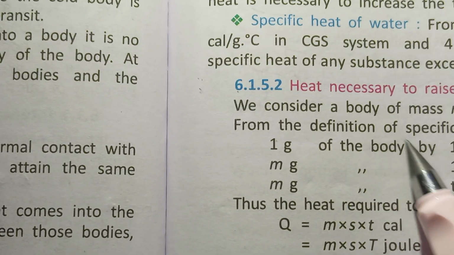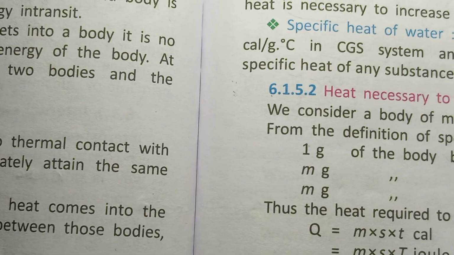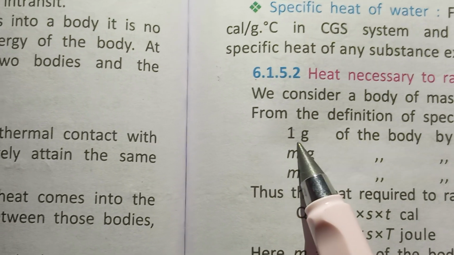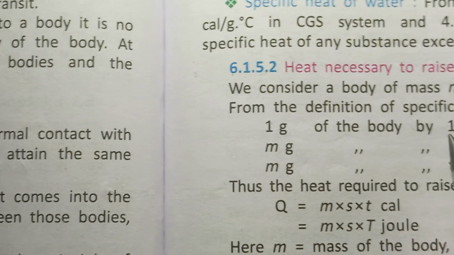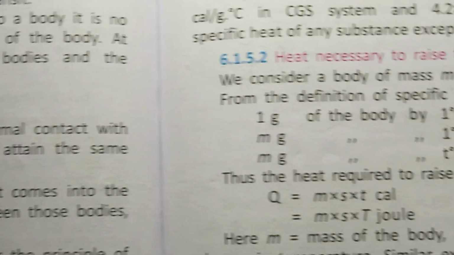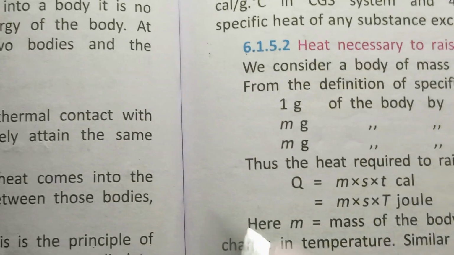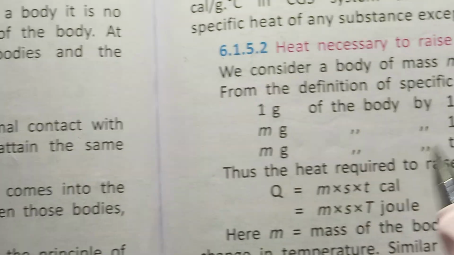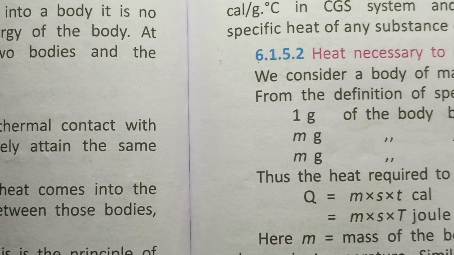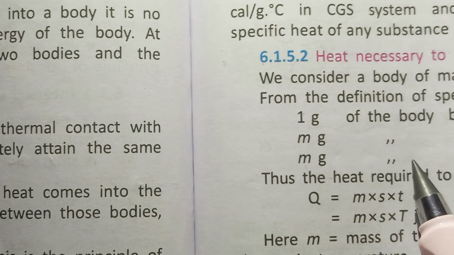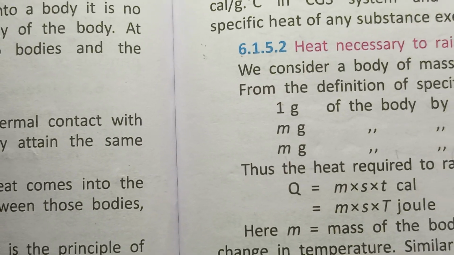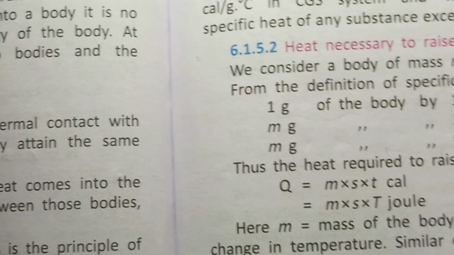From the definition of specific heat, the heat required to raise the temperature of 1 gram of the body by 1 degree Celsius is S calorie. m gram of the body by 1 degree C is m into S calorie. m gram of the body by T degree C is m into S into T calorie.